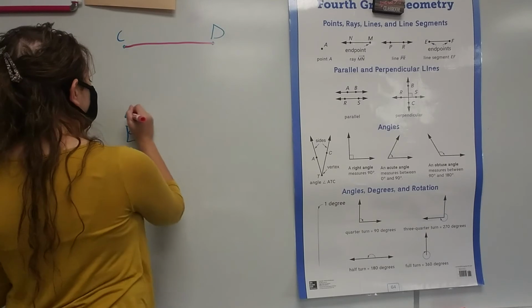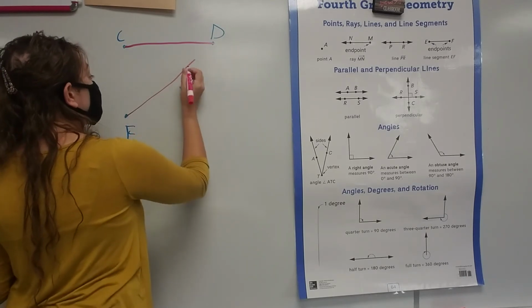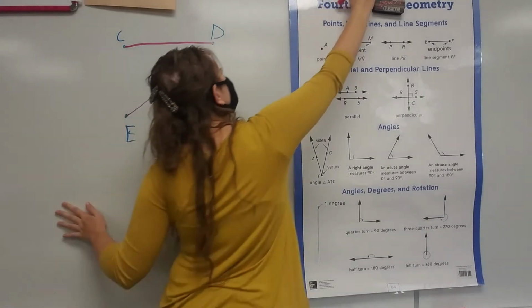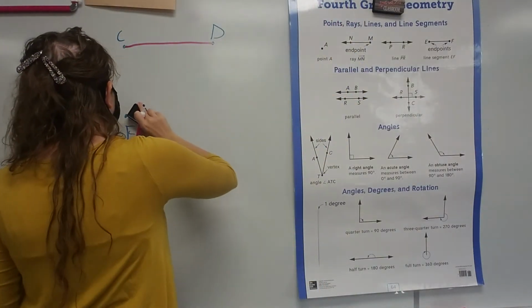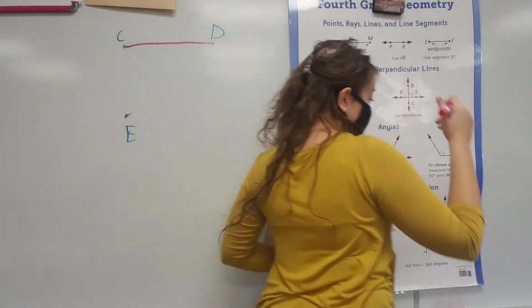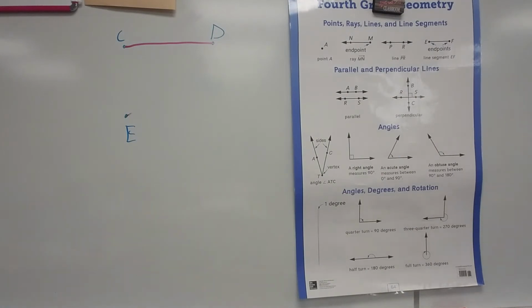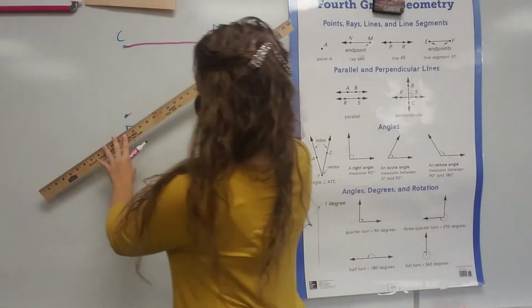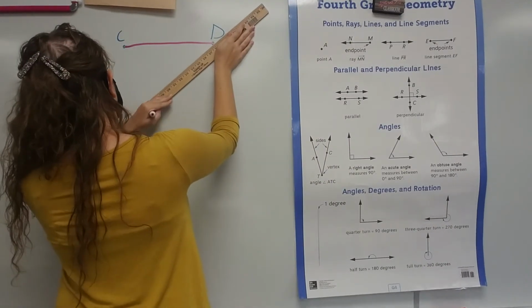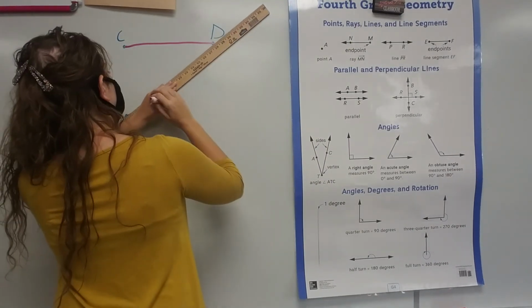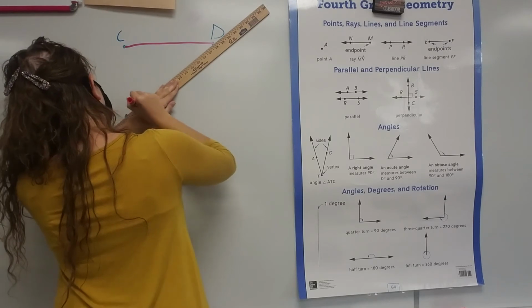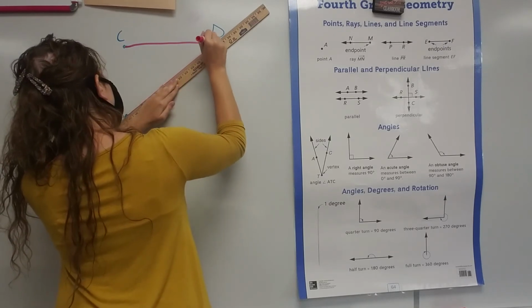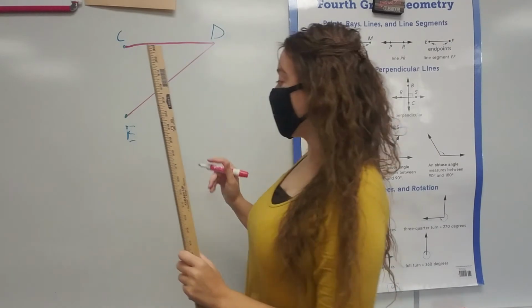Then you need to connect E to D. Mine's not a straight line. Okay, so that's my angle, right?